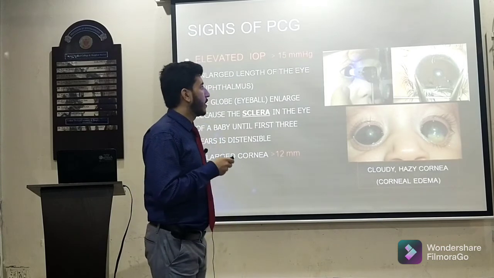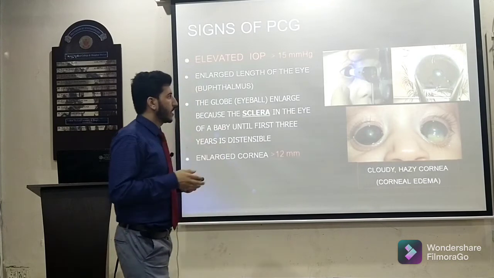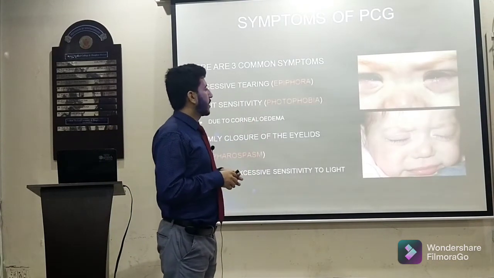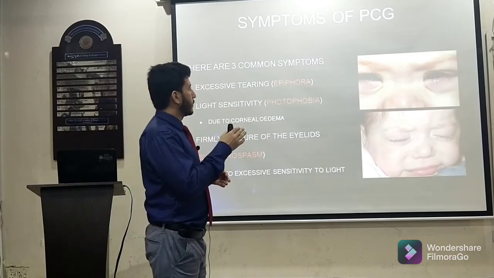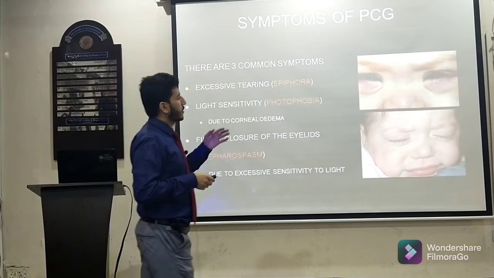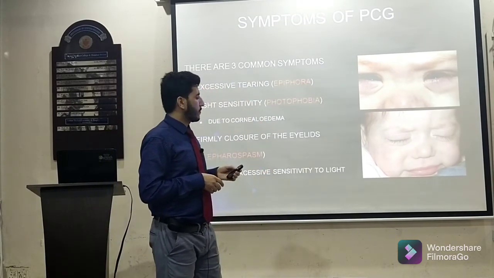In the differential of NLD blockage, which is a very common disease in our society, we will rule out primary closer glaucoma first, because in NLD blockage the patient will also have epiphora.